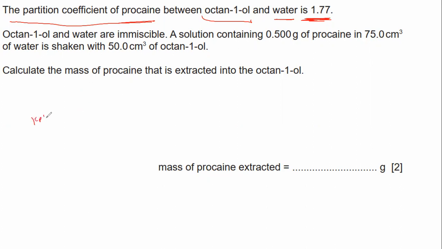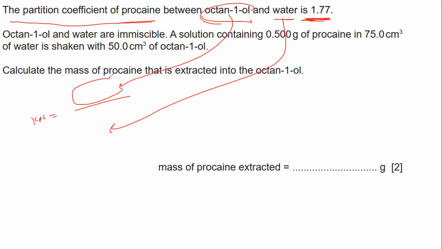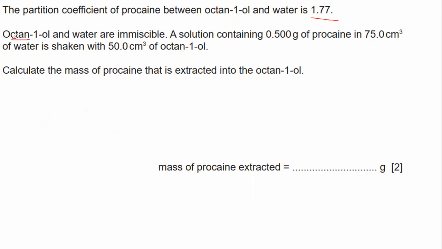When we write KPC, which one will be above? The concentration in octan-1-ol over the concentration in water. We mentioned this one firstly, so it will be up here. So KPC is 1.77. Octan-1-ol and water are immiscible.